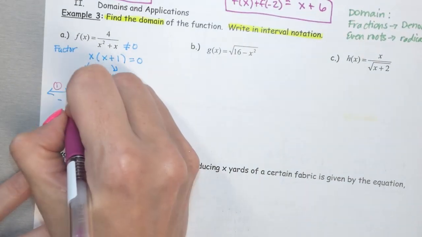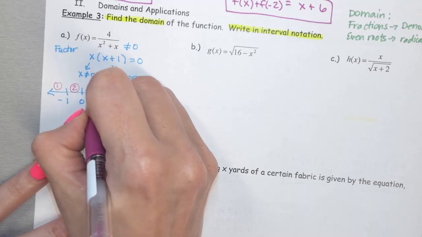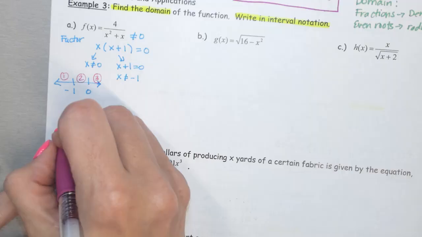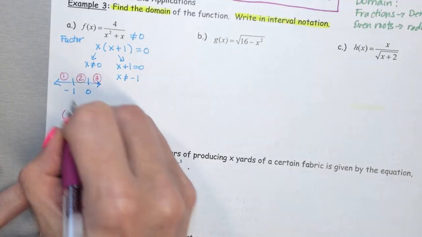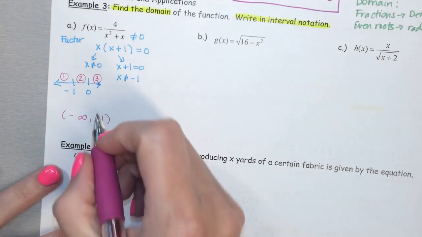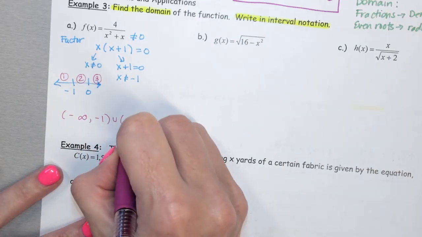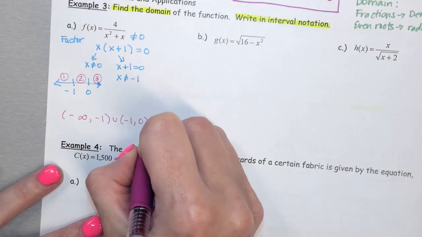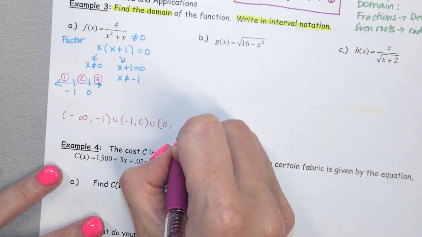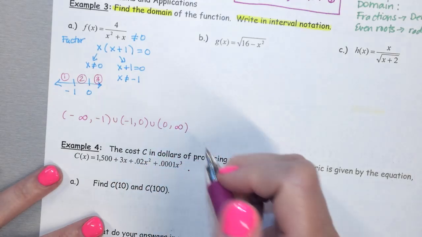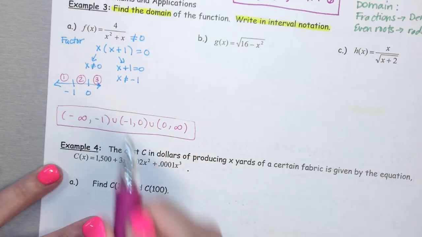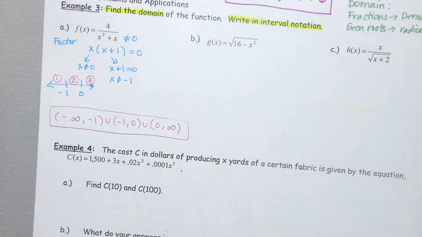This is your first interval, the second interval, the third interval. So if it can't be 0 or negative 1, it's going to be negative infinity to negative 1, parenthesis because it can't equal, in union with negative 1 to 0. Again, you're going to have the parentheses because they can't be equal to that value. And then 0 to infinity. Okay, so that is going to be your final answer.